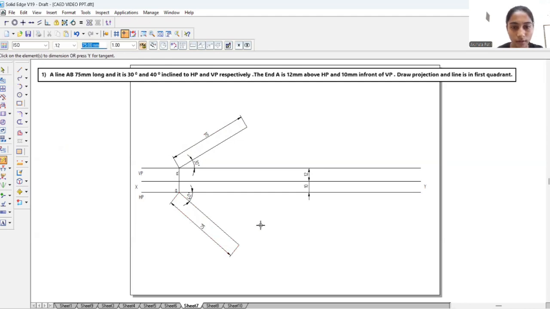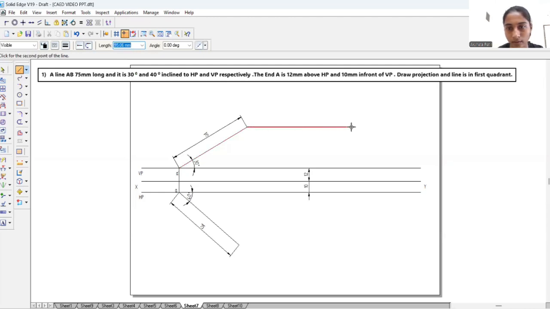Now we will take the line option again and draw one line from this point which is parallel to the XY line. Again we will draw one line which is parallel to the XY line.